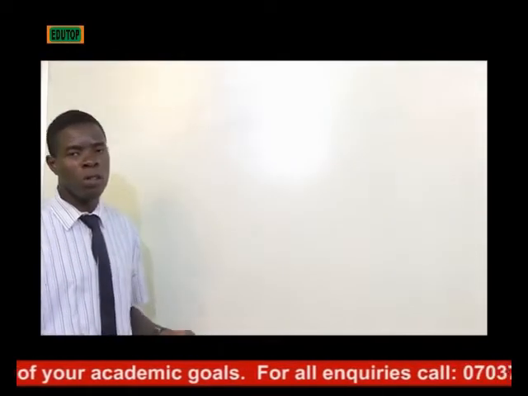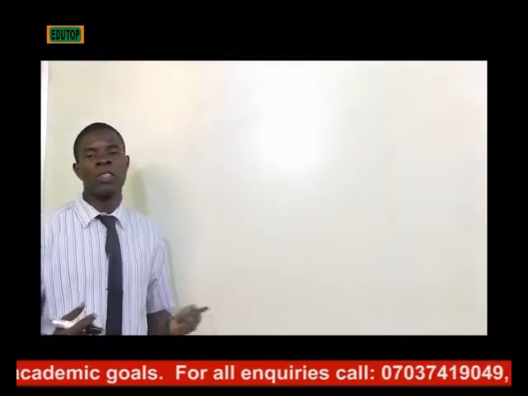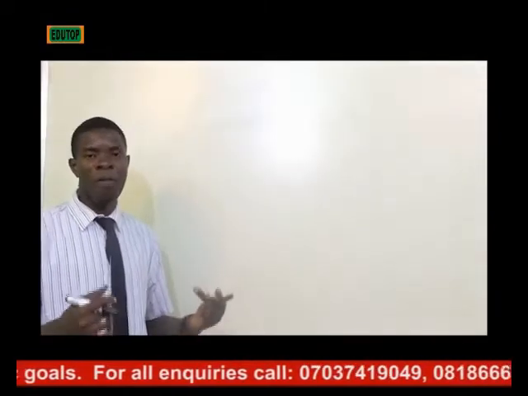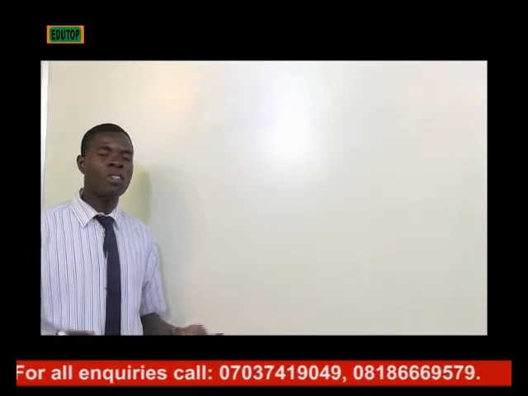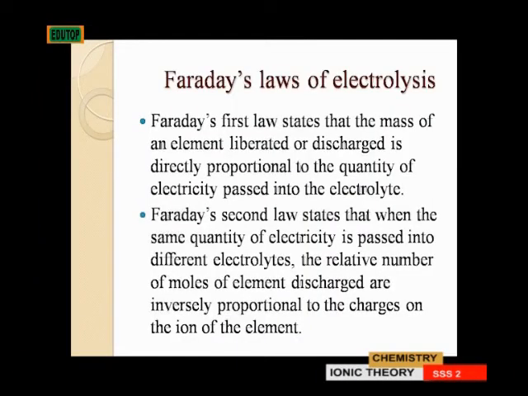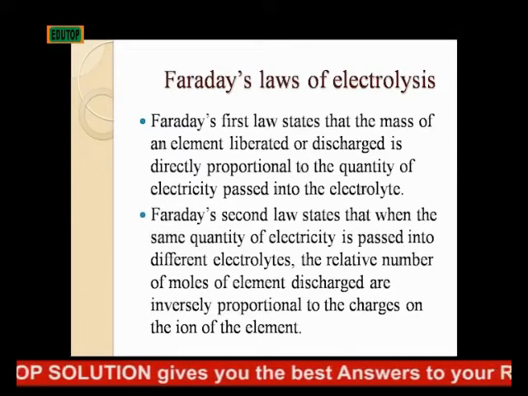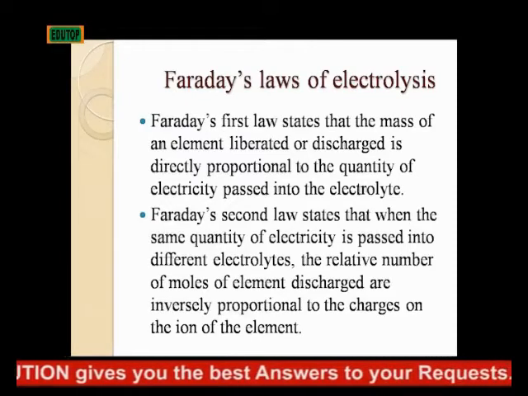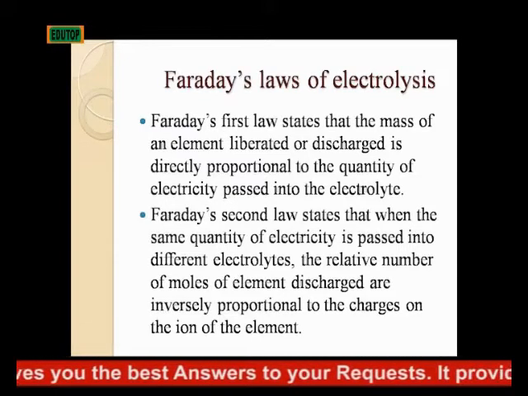Faraday's laws of electrolysis. We have the first law of Faraday and the second law of Faraday. The first law of Faraday states that the mass of an element liberated or discharged during an electrolysis is directly proportional to the quantity of electricity passed into the electrolyte.